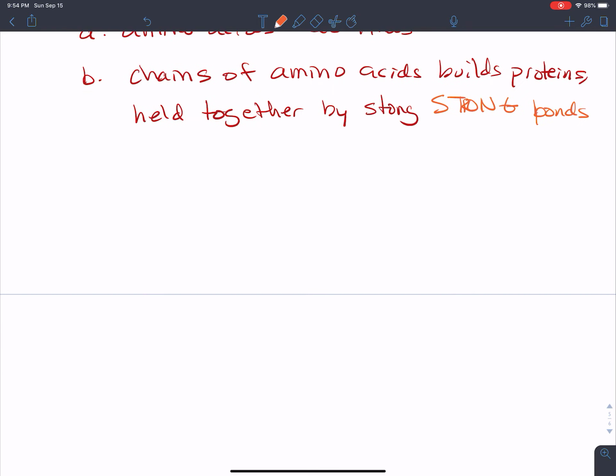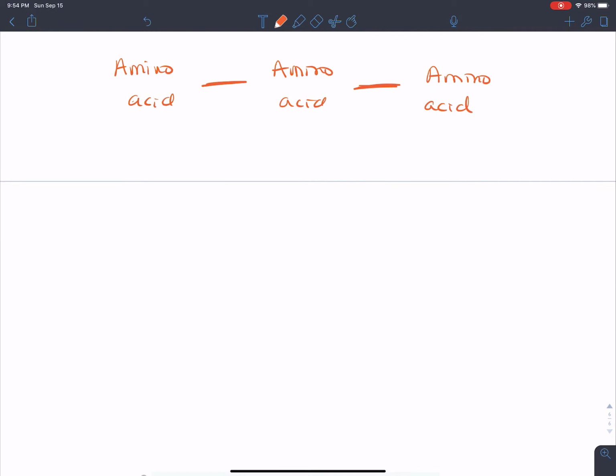So think of it like this. You have an amino acid, a peptide bond, another amino acid, another peptide bond, and so forth and so on. And they can be thousands and thousands long in a huge chain. And these make up the proteins that are found throughout our bodies.